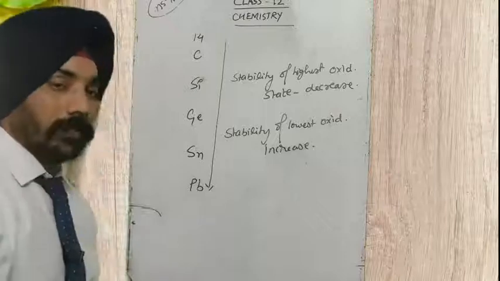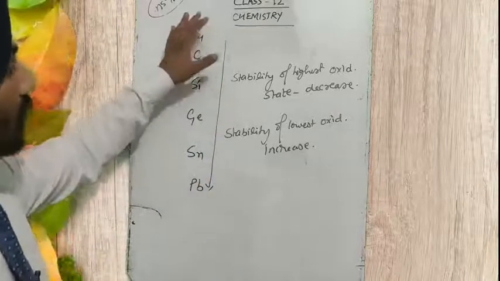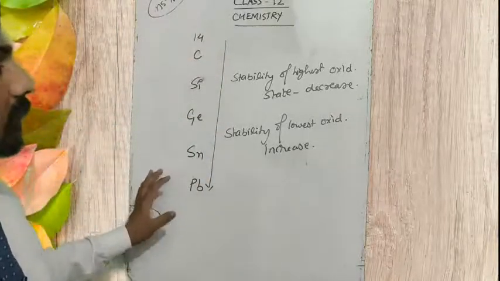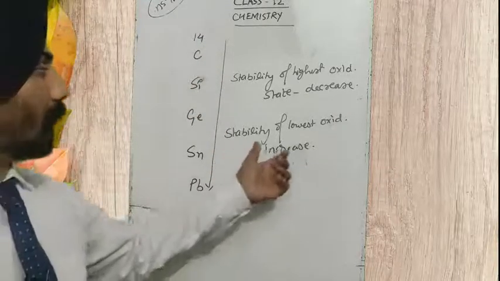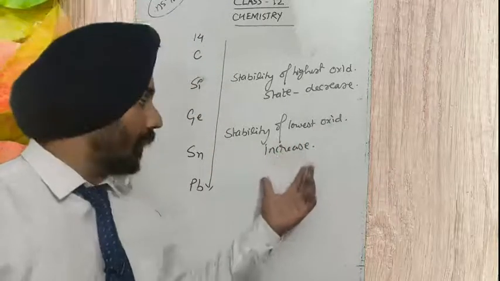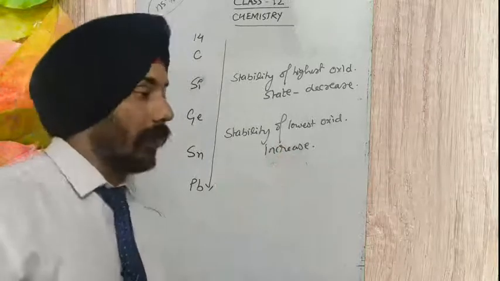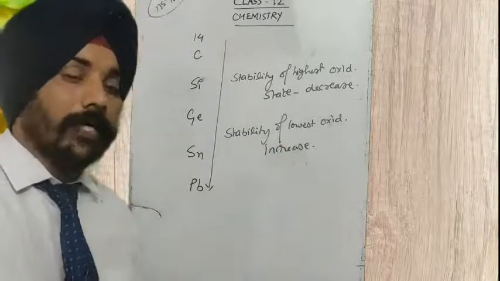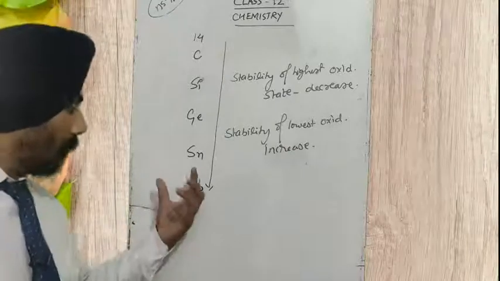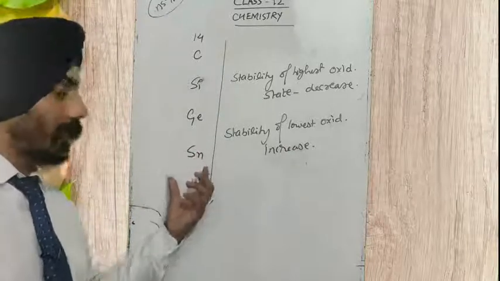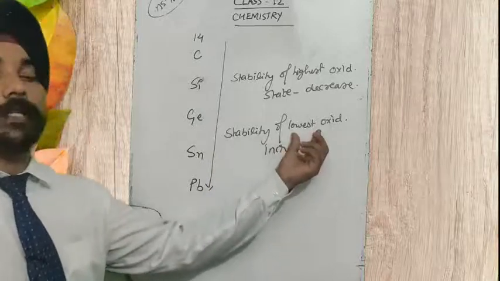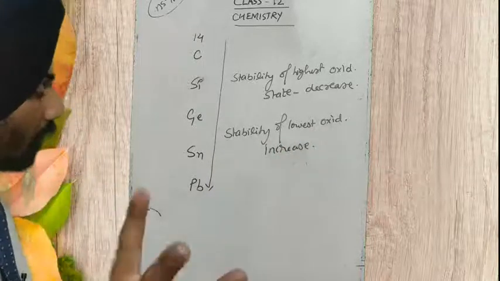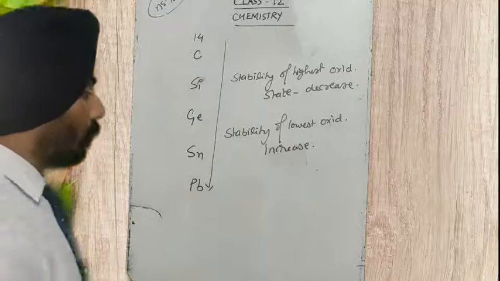I think you have understood this one. The stability of the higher oxidation state decreases down the group, and the lowest oxidation state increases down the group. So we can say that the compounds of the lower elements are more stable if they are found in the lowest oxidation state. Let's take an example.